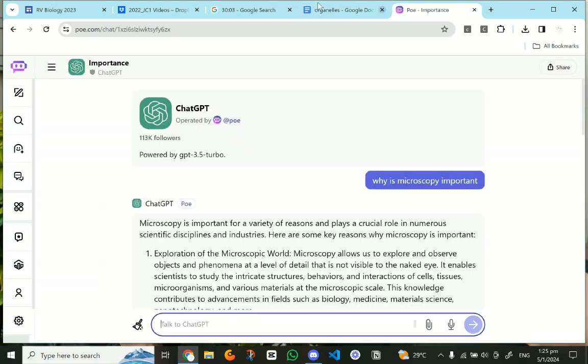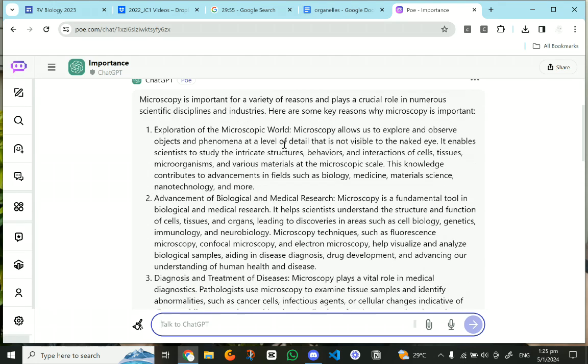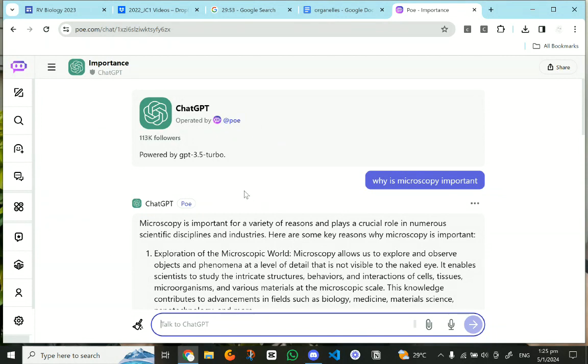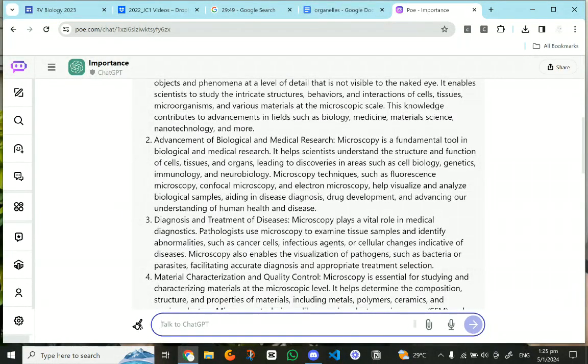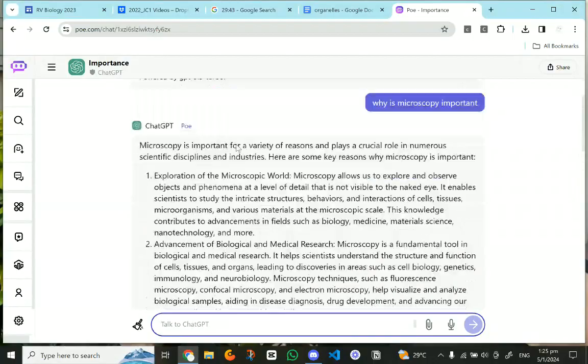And so you can use the notes, of course, and also resources like ChatGPT, Google, whatsoever, to explore and see how these things are important and what the similarities and differences are.